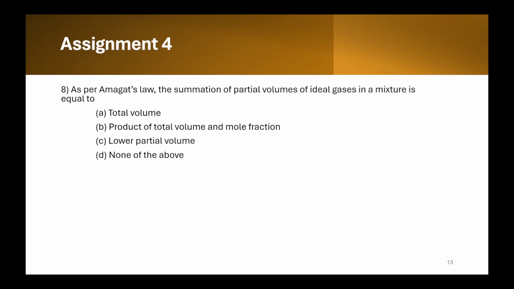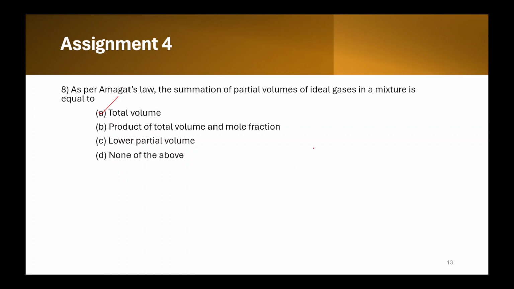Eighth question. As per Amagat's law, the summation of partial volumes of ideal gases in a mixture is equal to what? What is the correct answer here? The correct answer here is the A part.